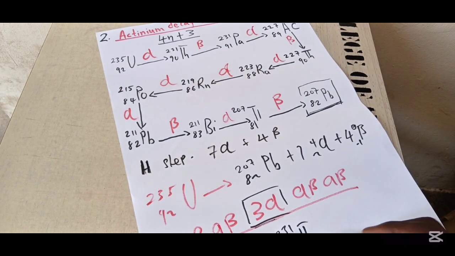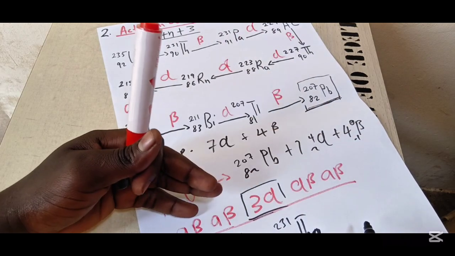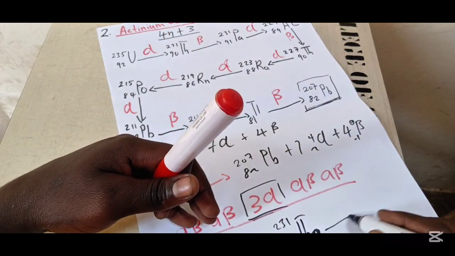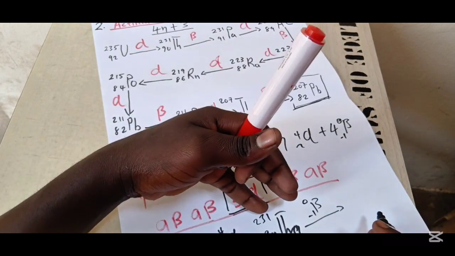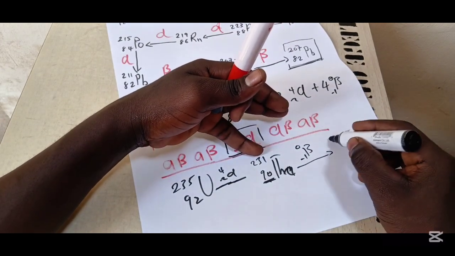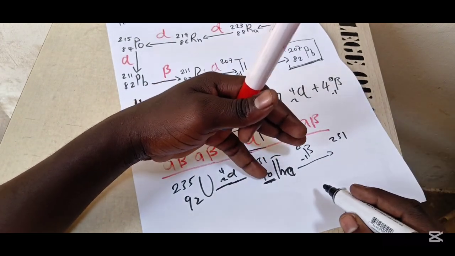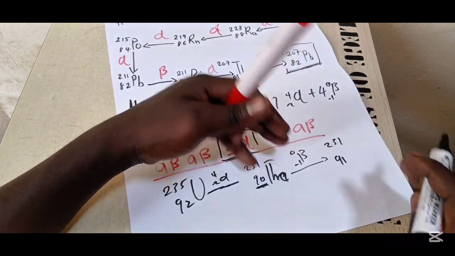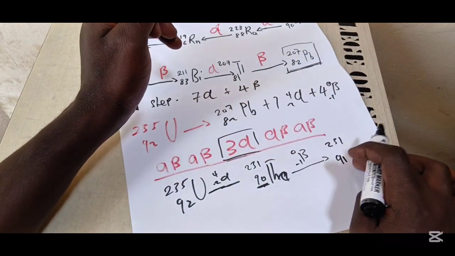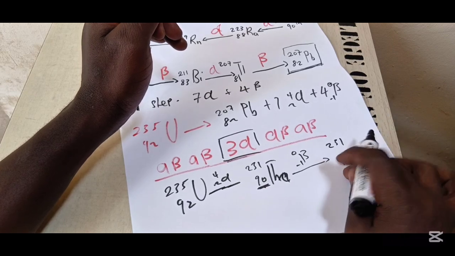So at that time you know this in your head. After alpha you go to beta. So this will undergo beta decay, beta minus, 0 and minus 1. For beta, the mass will be the same, so we are going to get 231. And for the atomic number, it increases by 1. So you go to the periodic table and look for the element with atomic number 91.